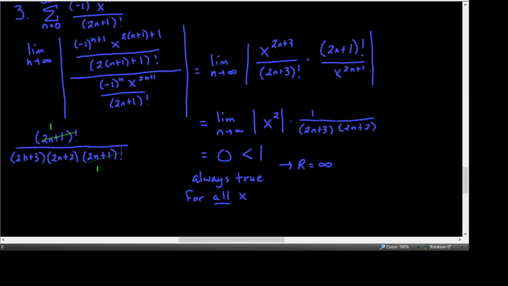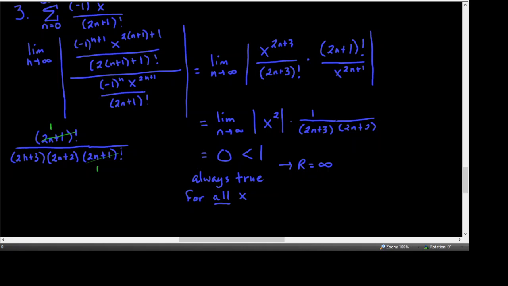So going to the next slide, endpoint convergence. As a result, the interval of convergence of a power series can take any one of those 6 forms. The radius could be 0 because it only converges at its center. The radius could be infinite, which is like the last one we just did, and that means it converges for all real numbers.